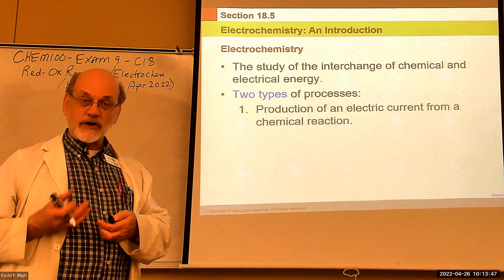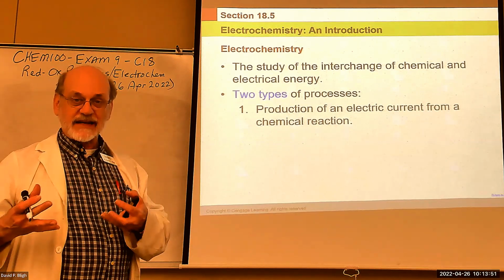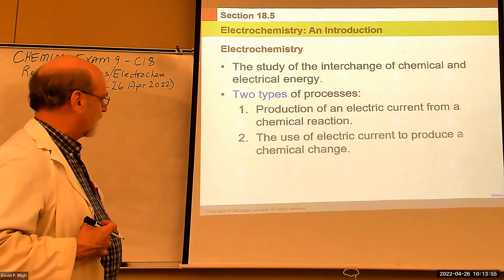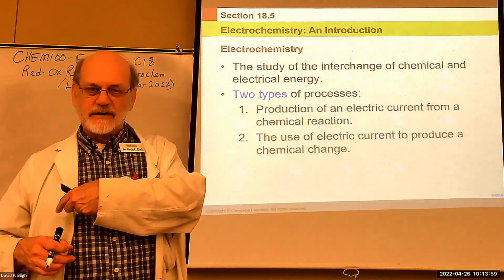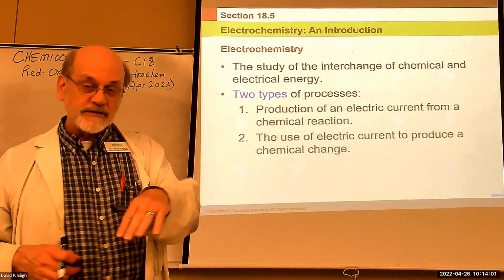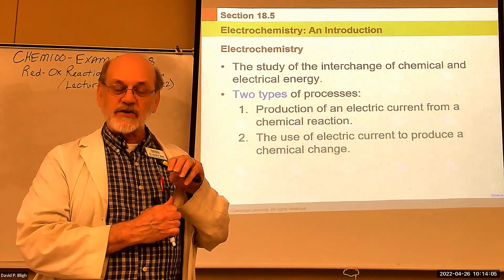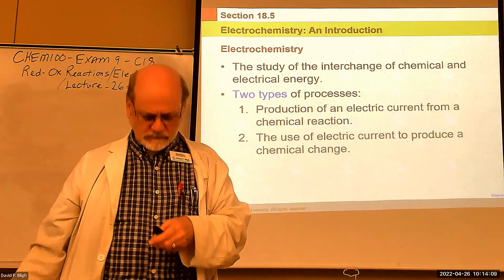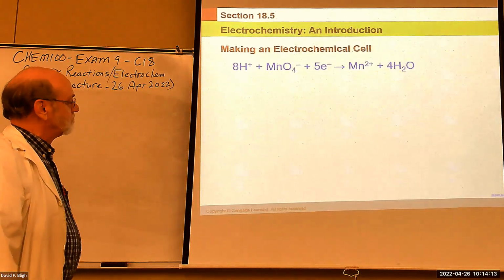But you have the potential for extracting energy from the process because it's spontaneous. The electrons are going to move whether you're there or not. The other is if you want the reaction to run in reverse, then you pump electrons into it and force the oxidation to go backwards as a reduction, and vice versa. Those are the 2 possibilities.